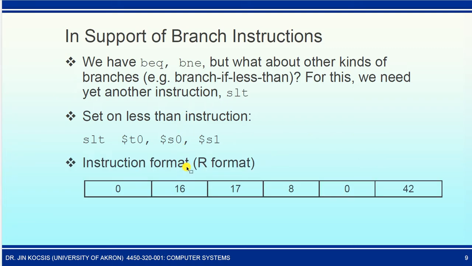Here, as I already represented in the slides, we can see that set on less than is represented using R format for the machine language, or we call it for the instructions. The reason is obvious, right? Because it's an assembly language using the standard R format representation: operation, destination, two sources.